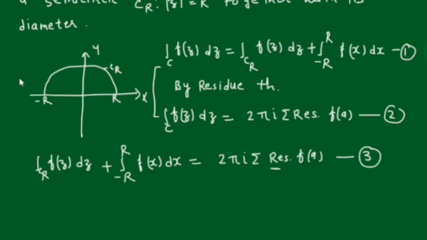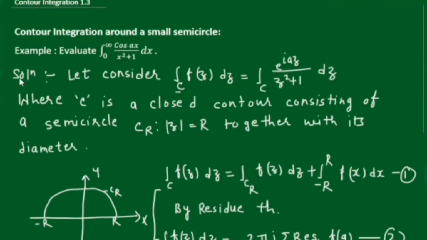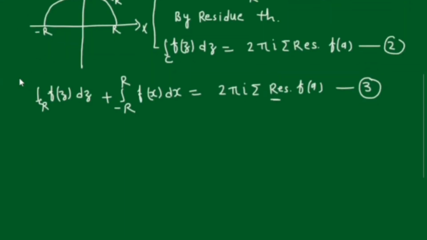Okay. So to find out residue, we have to find out pole. So poles of the given integrand. And to find out poles of the given integrand, what should we do? We should equate this denominator to 0 and find the roots of this. So for poles, we write z square plus 1 is equal to 0. That means z is equal to plus minus iota.